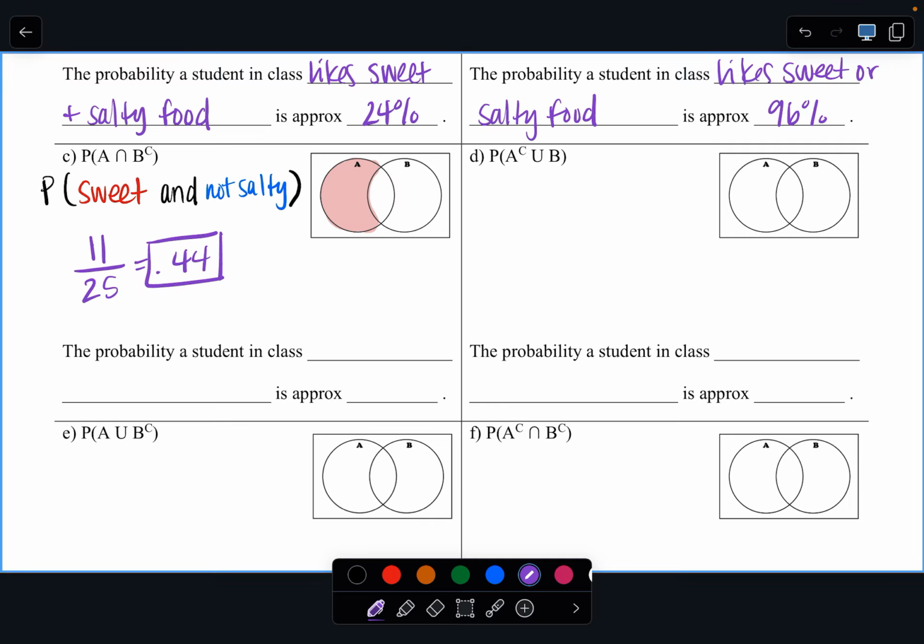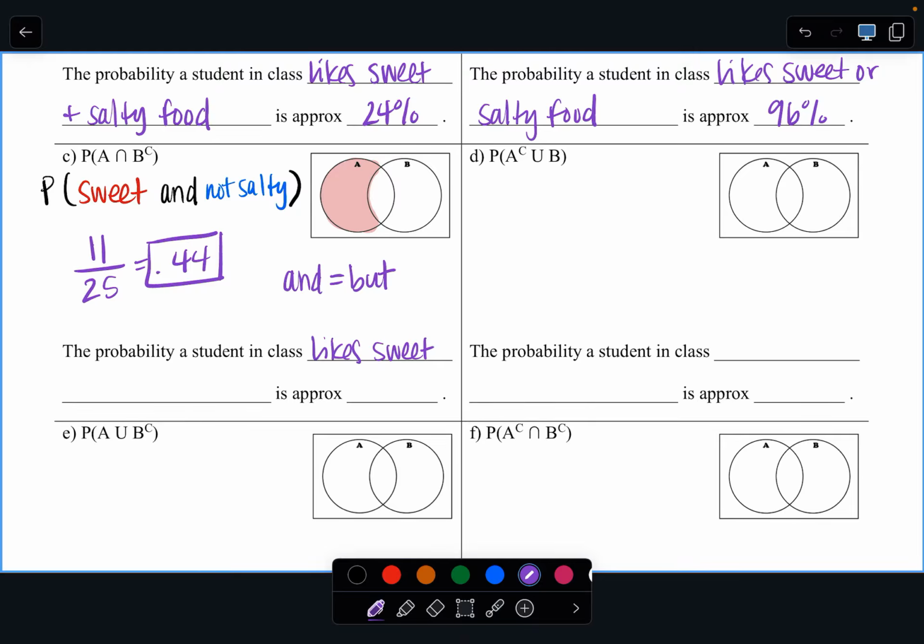The probability a student in class likes sweet. And one thing that I will say, sometimes you can interchange and with but, and we'll have another way to interchange and in a second.